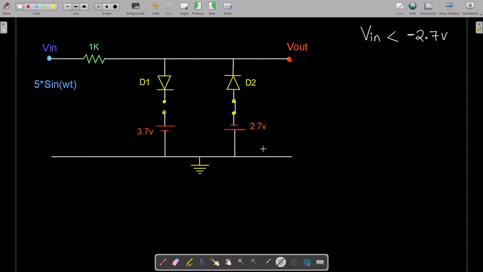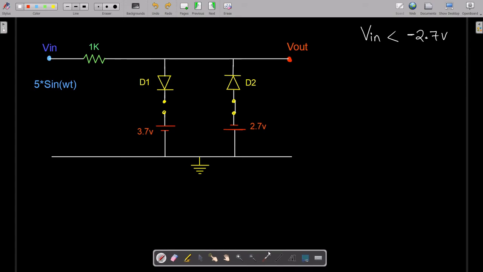Now if you see very clearly, the current will flow in this particular direction. I hope you are getting me. So our V out would be, just a second, I will draw this circuit over here so that there won't be any confusion.